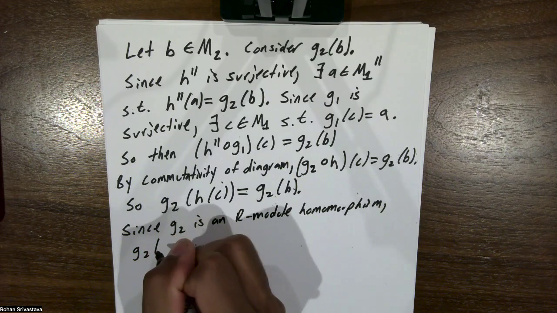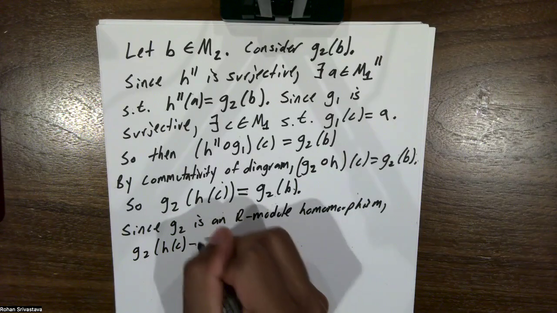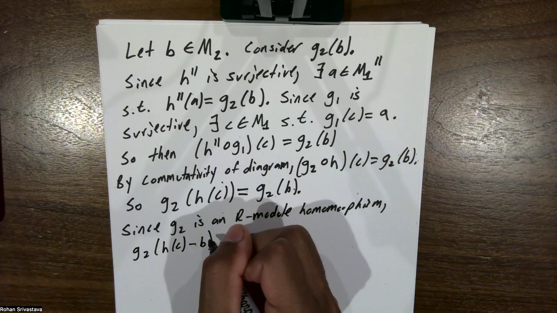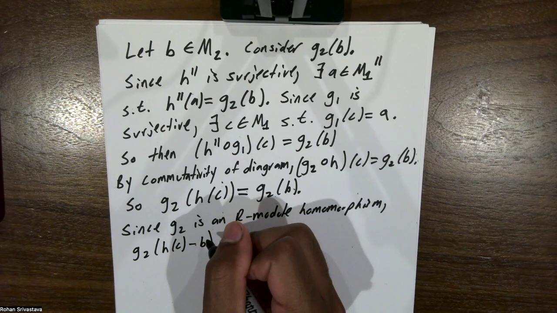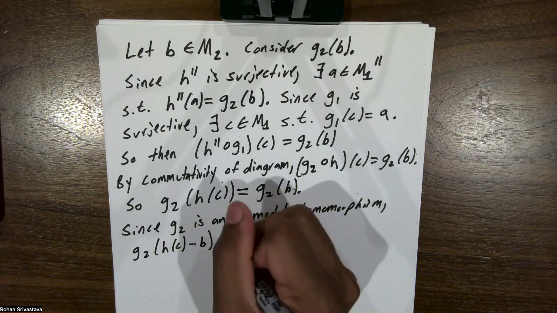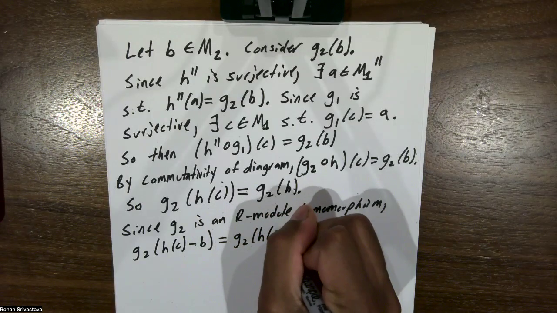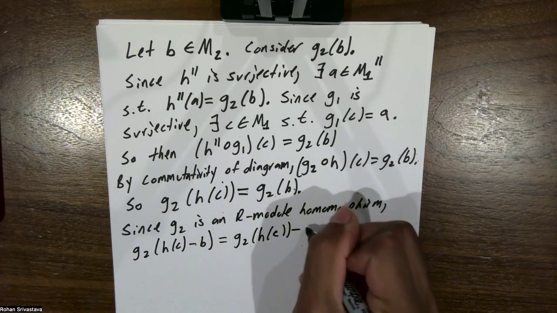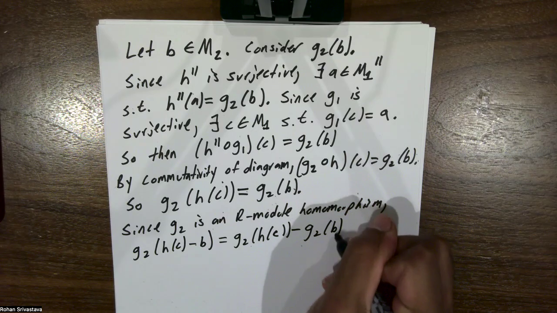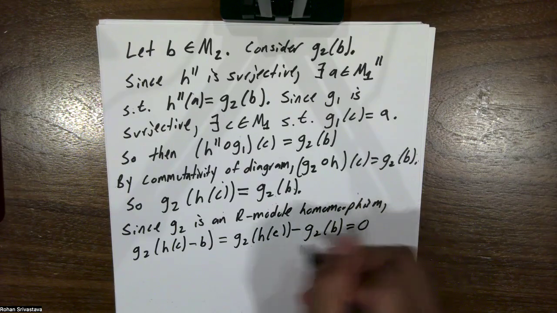We have G2 of H of C minus B must be equal to G2 of H of C minus G2 of B, which is 0 because these are equal.